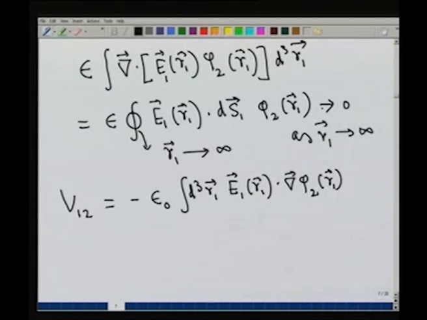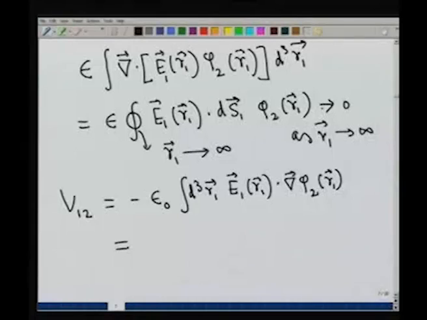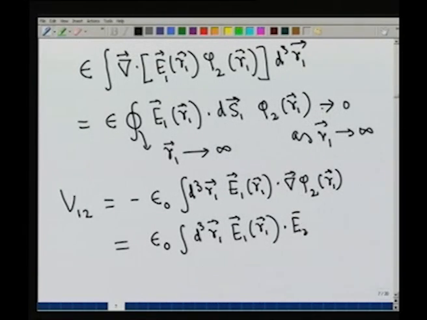The gradient of the potential at the point R1 produced by the charge density rho 2, the distinct physical system. But then we all know what gradient of phi 2 is. This is nothing but epsilon naught integral d cubed R1 into E1 of R1 dot E2 of R1. My R2, which is the integrating variable, is a dummy. Therefore, I can always replace one dummy by another dummy.